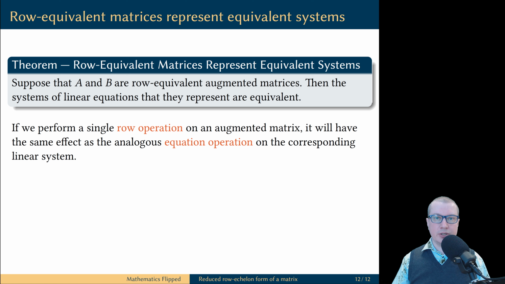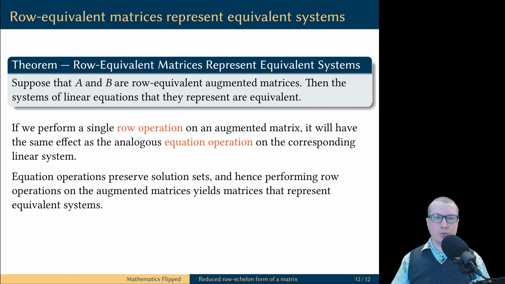Performing row operations on the augmented matrix is equivalent to performing equation operations on the corresponding linear system. We already proved that equation operations preserve solution sets of linear systems, and therefore performing row operations on augmented matrices results in augmented matrices which represent equivalent linear systems.